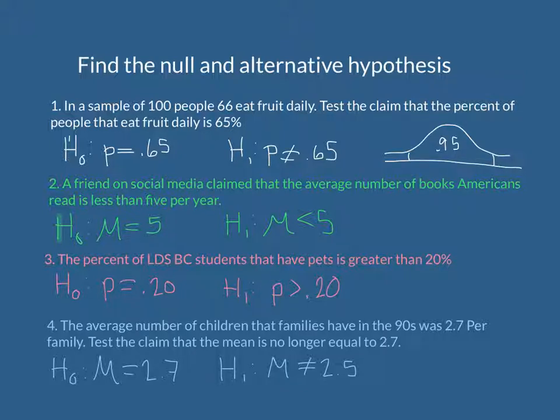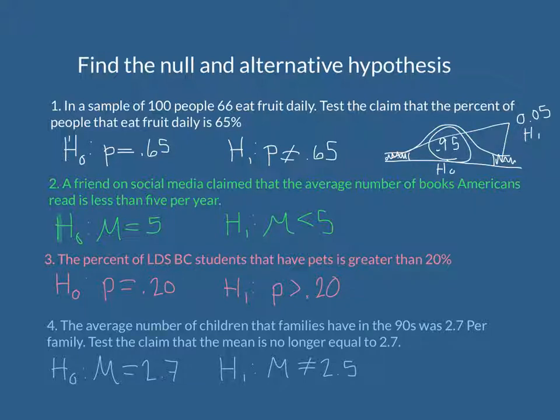Okay? And then if it's a not equal to, we will have the area in each of those tails. So either it's inside here or it's outside. That's what not equal to means. It's outside. So that means the area for the two tails is equal to 0.05. So inside here would represent the null. On the outside, we would represent the alternative.